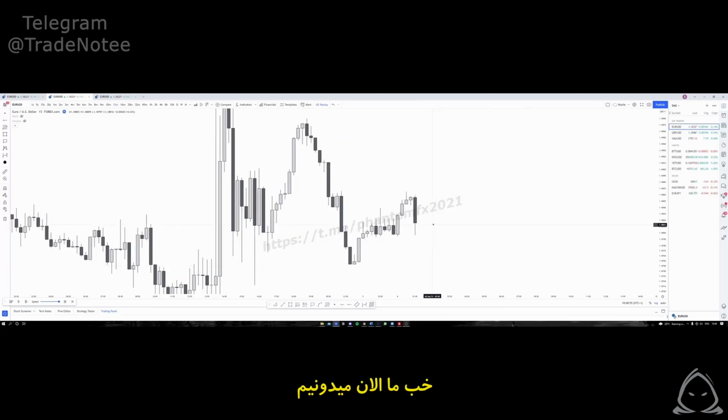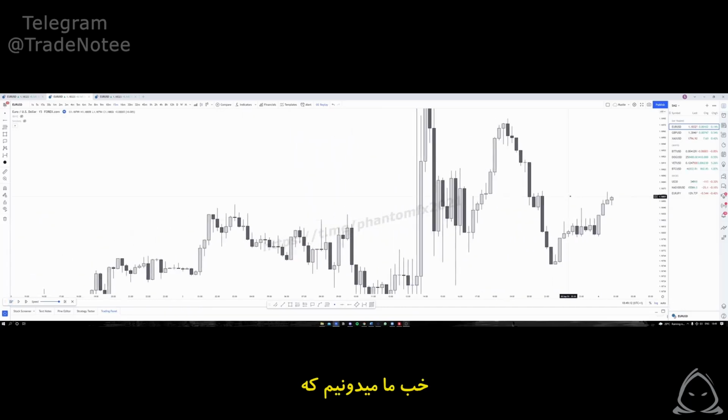So we now know that our range will be formed in the time that this candle is formed. This candle is from 1:45 to 1 o'clock. Let's just cut this candle here.